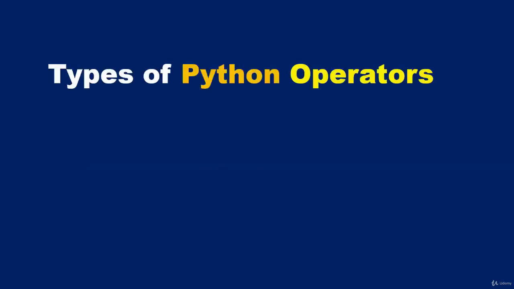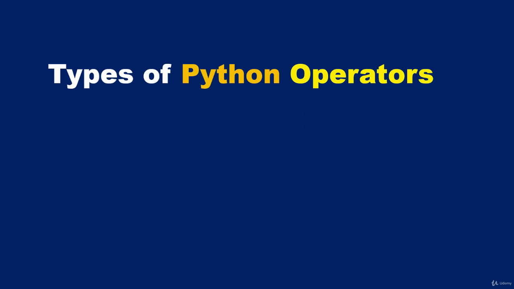What are Python operators? Python operators are used to perform operations on variables and values. There are different types of operators in Python, so I'm going to cover some of the operators in Python.